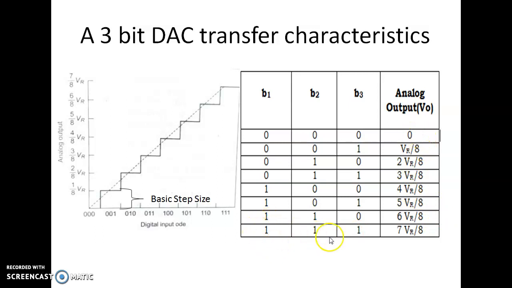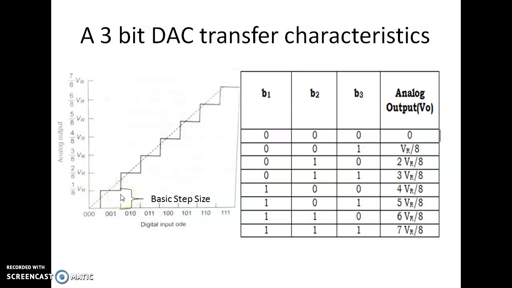If your input is 111, then the output will be 7 VR by 8. If your input is 100, the output will be 4 VR by 8. So we have the basic step size of VR by 8, which we can consider as the basic step size for the digital to analog converter.